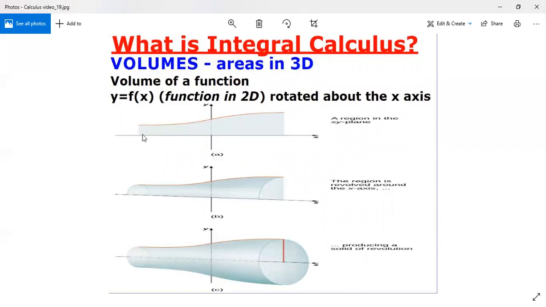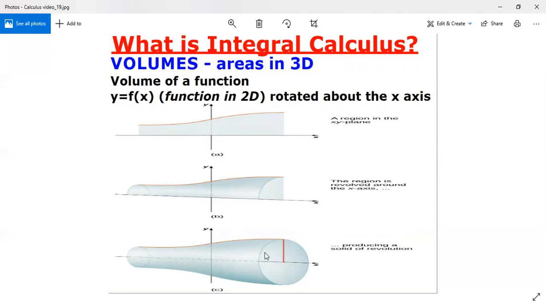So for example, in 2 dimensions, if we have a function shown by that red line there, which is non-linear, it's not a straight line. If we take that line between certain limits in x and we revolve it around the x-axis, we will create this volume shape here. The trick is to notice that if you look at the face of the solid of revolution, it's a circle.